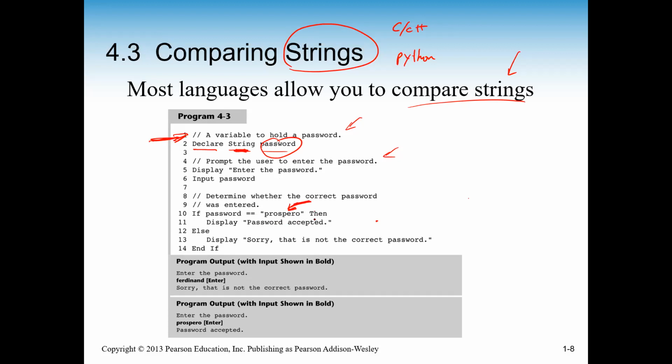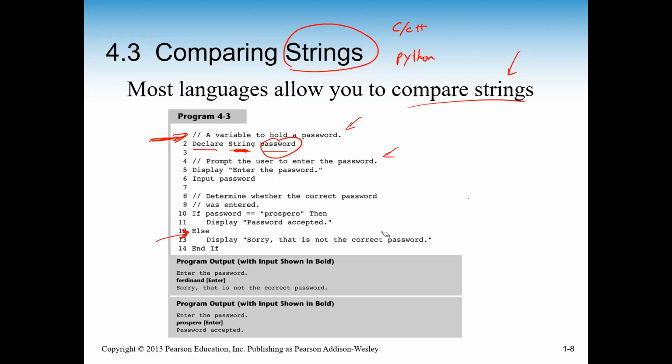Then in the pseudocode, over here we have our statement. We just display a message, password accepted. Obviously, a real password program would not be this simple. This is very insecure. Then we have the else, which just means if this was not true.